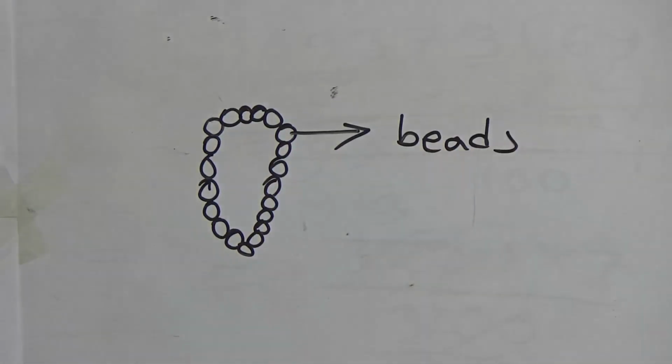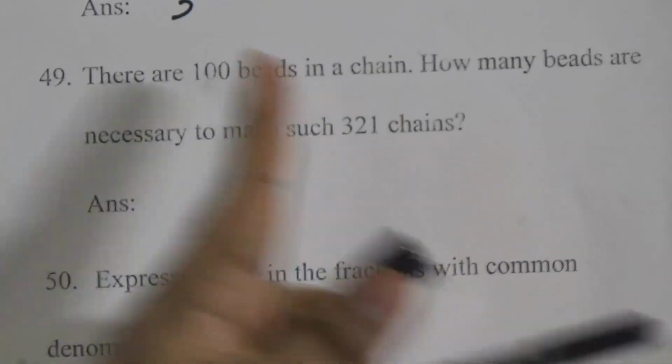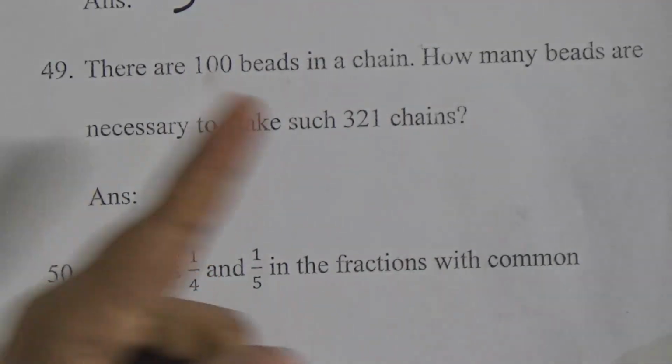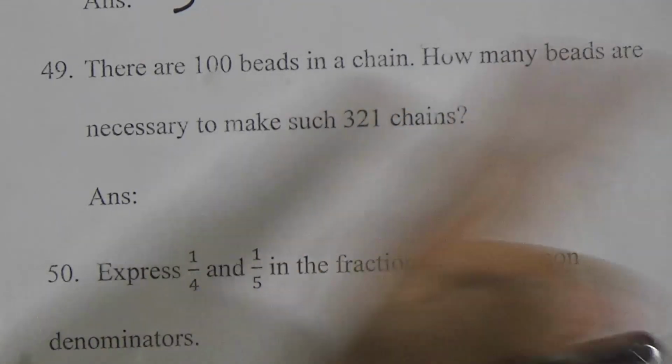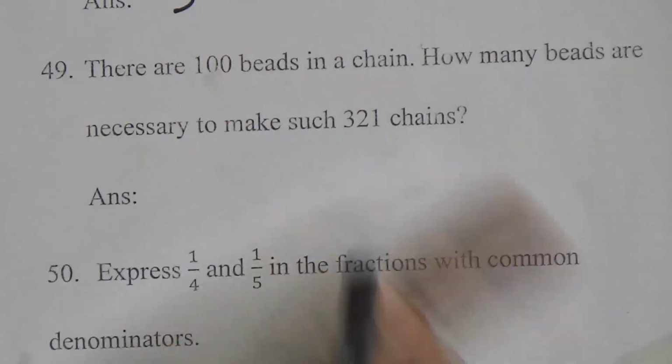Dear students, in a chain, notice there are 100 beds. So how many beds are necessary to make 321 chains? That means in one chain 100 beds are needed, and for 321 chains how many? We multiply this 321 by 100 and we get the answer.